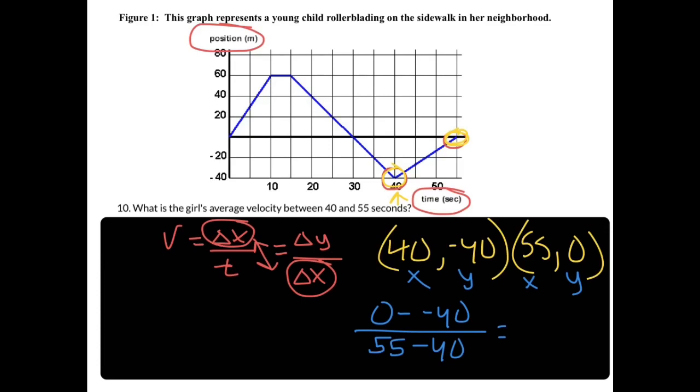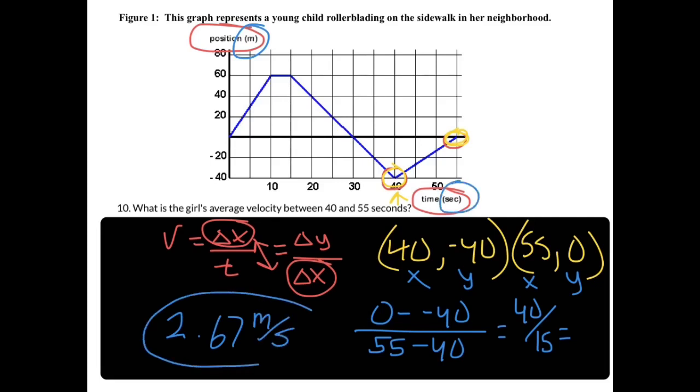Minus a negative 40 is a positive 40, and 55 minus 40 is 15. Let's divide that out. And after we divide it out in the calculator, I ended up getting 2.67. And the units, of course, y over x are meters per second.